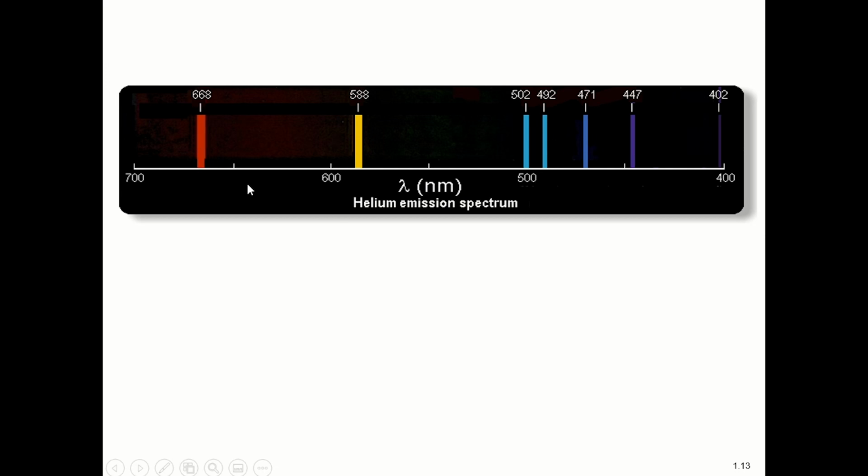So we get this dark background because we're not seeing any of these wavelengths, but we see light of a wavelength of 668 nanometers, another one at 588, 502, 492, 471, 447 and 402. These are all wavelengths of light that have been emitted by the helium atom. Each of these corresponds to one particular jump, which I'll show you in a wee second.